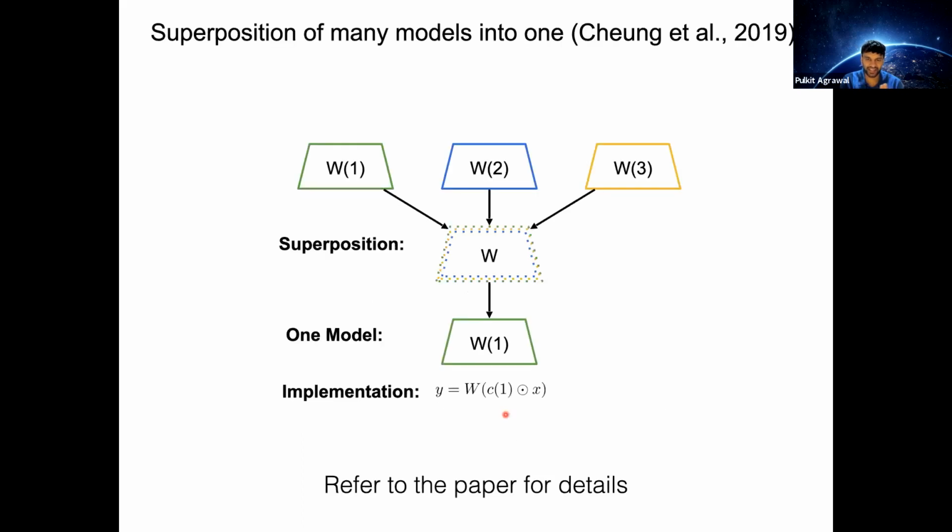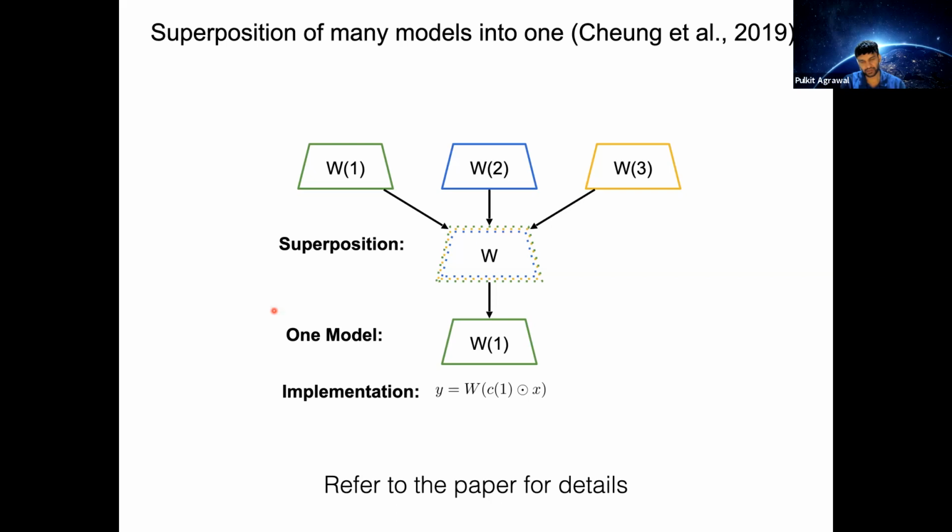So, one idea is proposed in a work called superposition of many models into one. I'm again not going to go into it, but it's a pointer if you're interested in looking more at how we end up doing this.